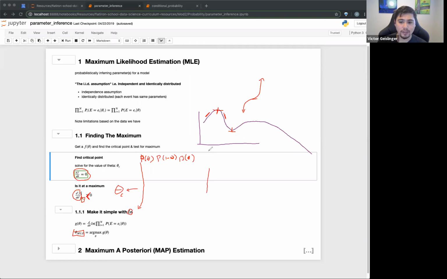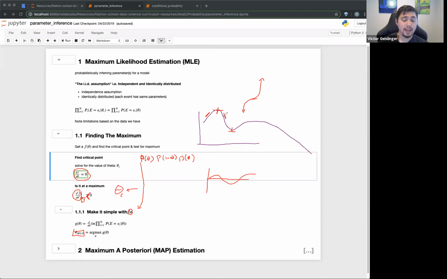If we took the log of this function, it might look something like this, but squished over. What's interesting is that, because of the log, as the curriculum discusses, it's a monotonically increasing function, which is a bunch of math saying that if the value goes up, the log value will also go up.